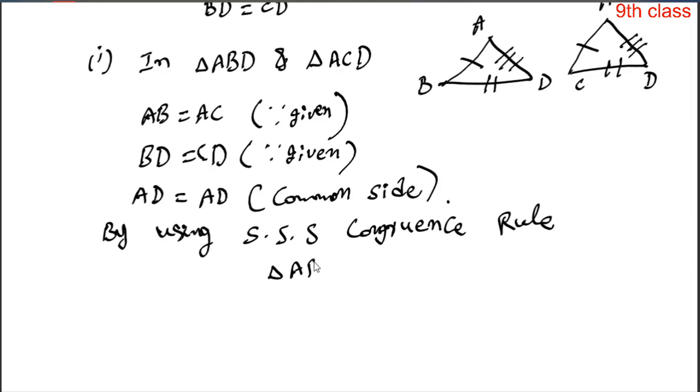Observe that these two triangles are congruent, so the corresponding parts are equal. The corresponding sides are equal, and the corresponding angles are equal.